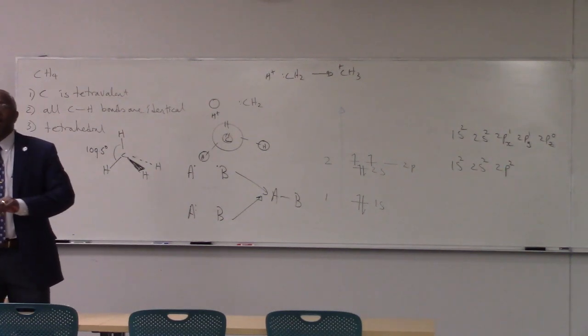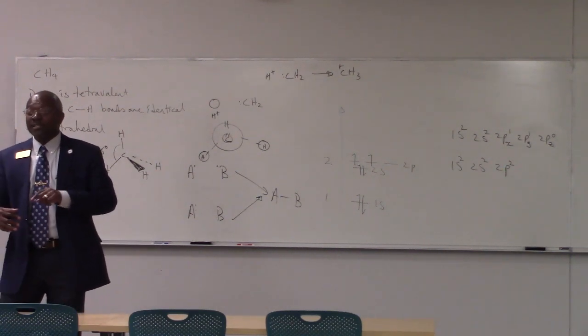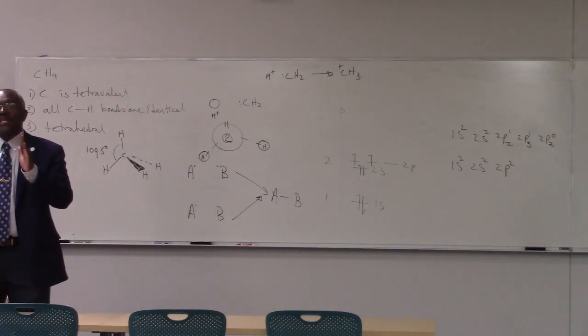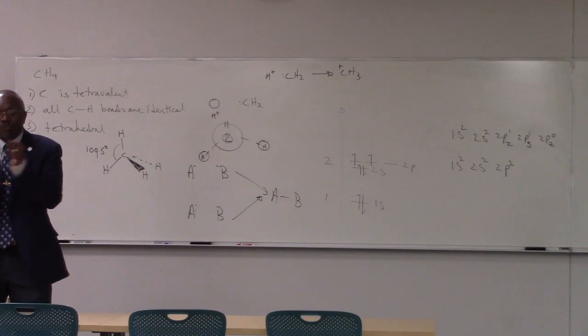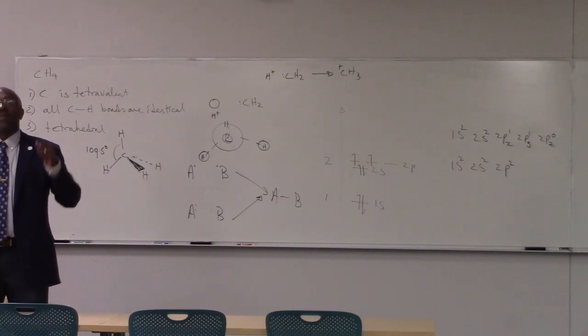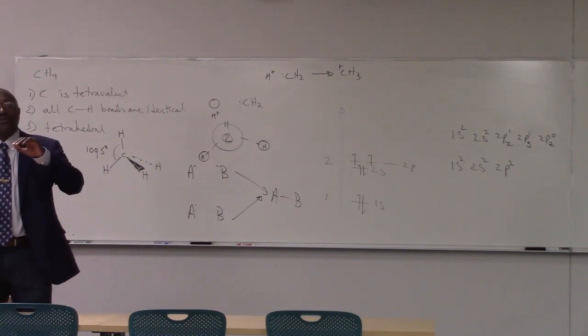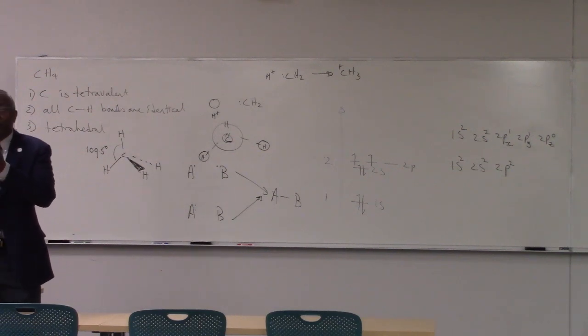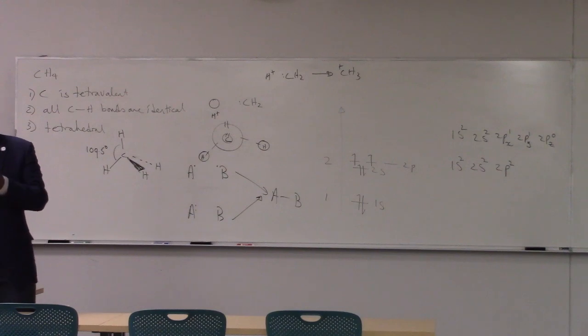The electron spinning anti-clockwise generates the opposite pole of the magnet. So superimposed upon the electronic repulsion, you end up with a magnetic attraction, north pole and south pole. And the magnetic attraction is stronger than the electronic repulsion. And that's what keeps the electrons together in the same orbital.